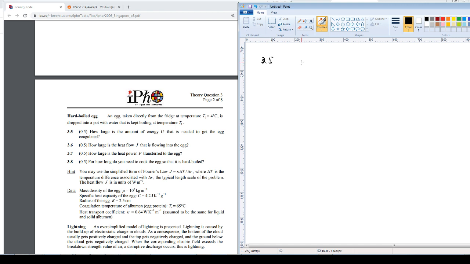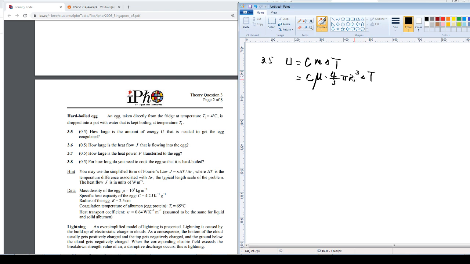So for 3.5, we are given the coagulation temperature, so since everyone needs to get to that temperature, we can just use C m delta T. We are given the density, and we're also given the radius.